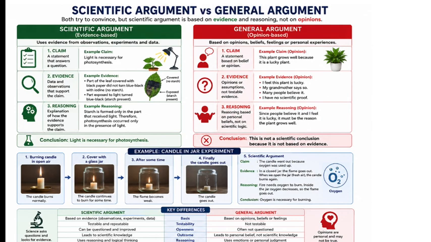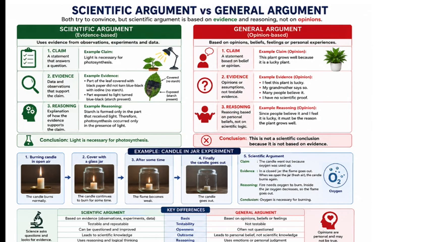But with scientific evidence, we perform an experiment and give the results, and these results are sometimes against our claims, whereas in general arguments the evidence is just their beliefs.